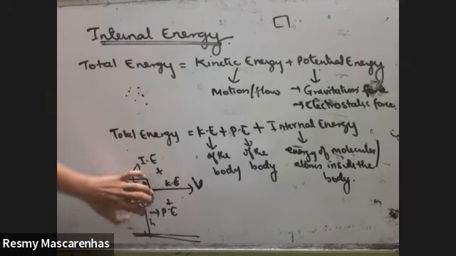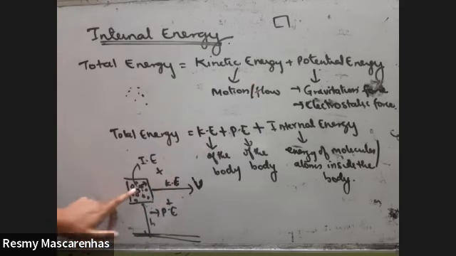Now that was of the whole body. This is different: what I'm talking about now is each molecule. Each molecule is like one box you can consider. That box is moving, and it is also under some force from another molecule.